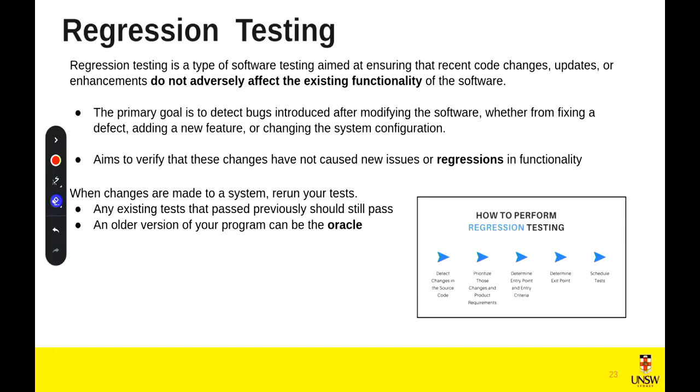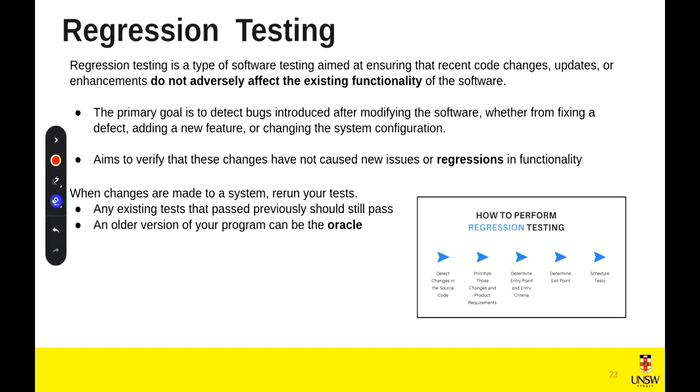Basically we identify the changes, and then because we may have maintained a lot of test cases in our system, we try to prioritize the tests related to the changes or the system parts affected by the changes.